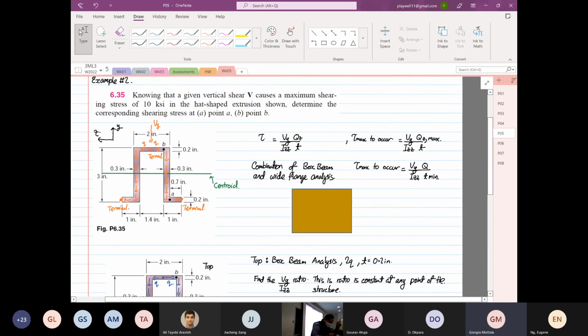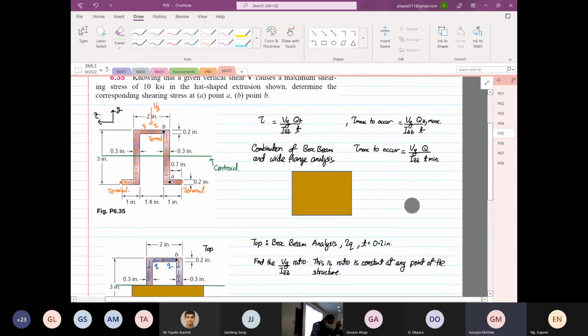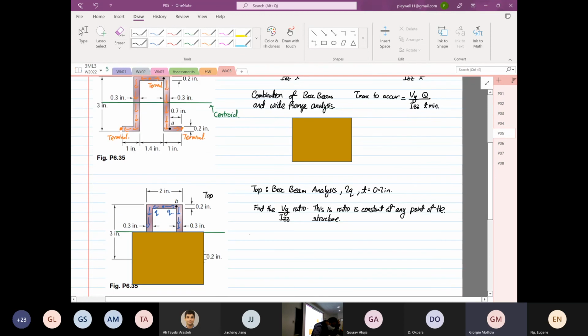So we are given that tau max is equal to 10 times 10 to the power 3 psi. Now we have to see, is it point A or point B that is going to be its tau max, or is it at the centroid?